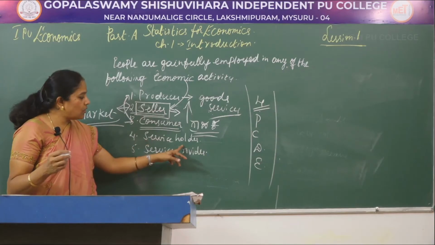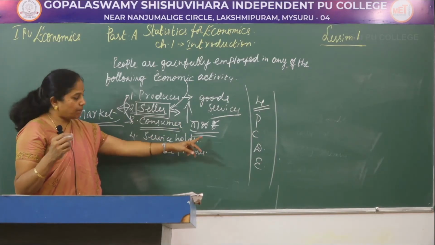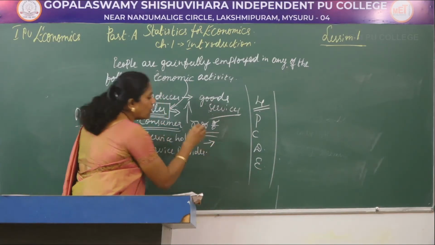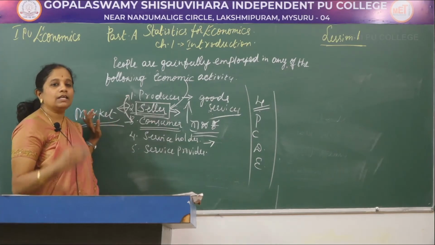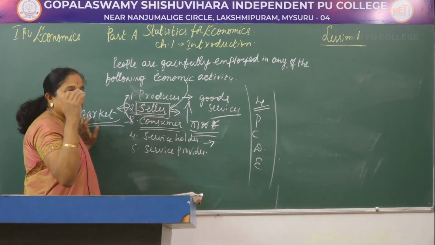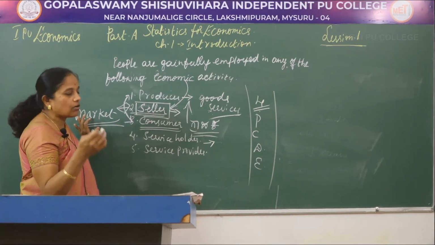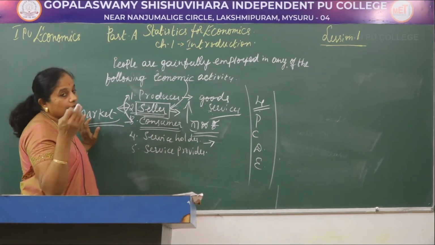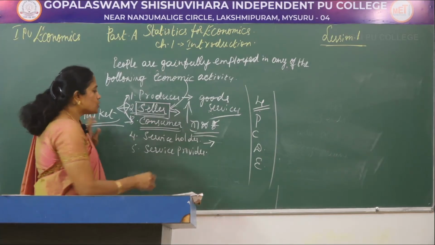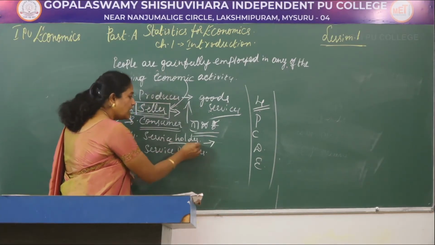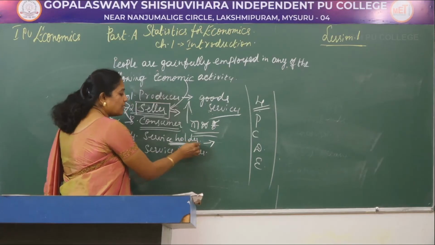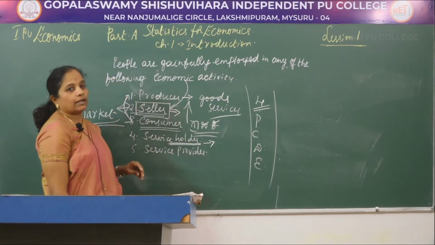Who is a service holder? A service holder is a person who works for another person. He is an employee in an organization, in a government sector, in a formal sector or in an informal sector, and even in the private sector also. So he is a service holder. He again has a major role to play in the economy.